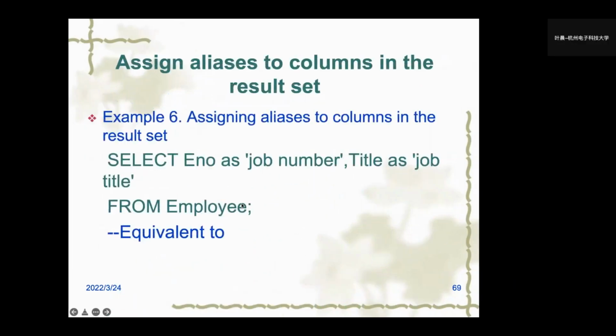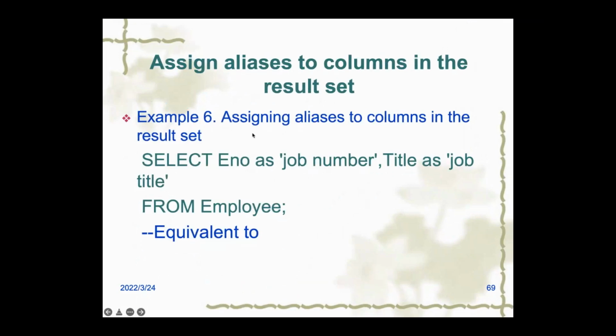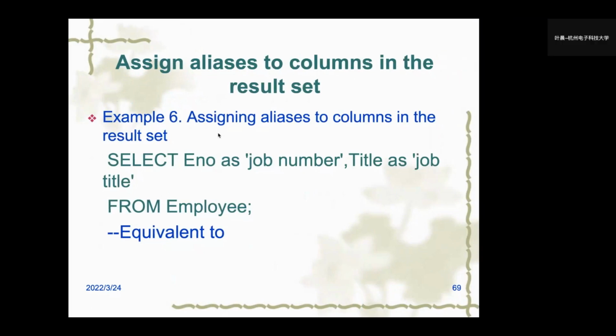And then we will learn how to assign aliases to columns in the result set. Let's see example 6: how to assign aliases to the columns in the result set. For example, we can just select ENO as job number and title as job title from the employee.